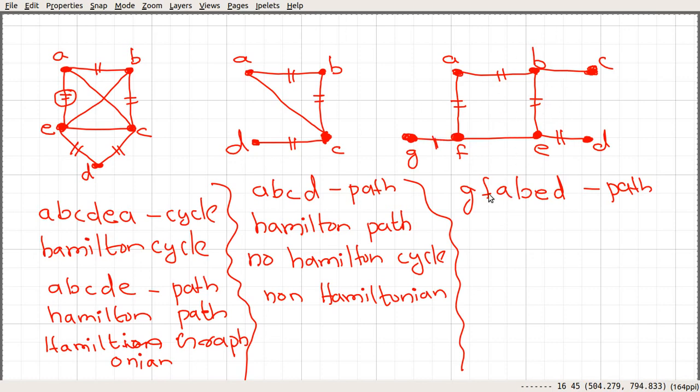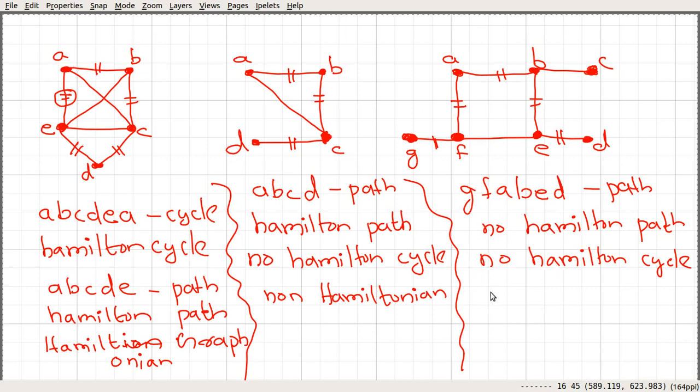So this path is not a Hamilton path, and it is very hard to find a Hamilton path in this graph. Since it doesn't have a Hamilton path, this graph doesn't have a Hamilton cycle, and since it doesn't have a Hamilton cycle, it is also not Hamiltonian.